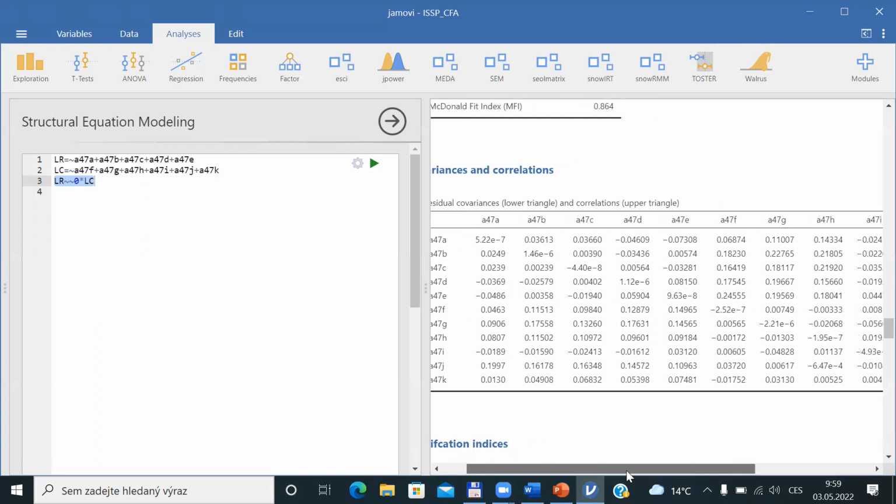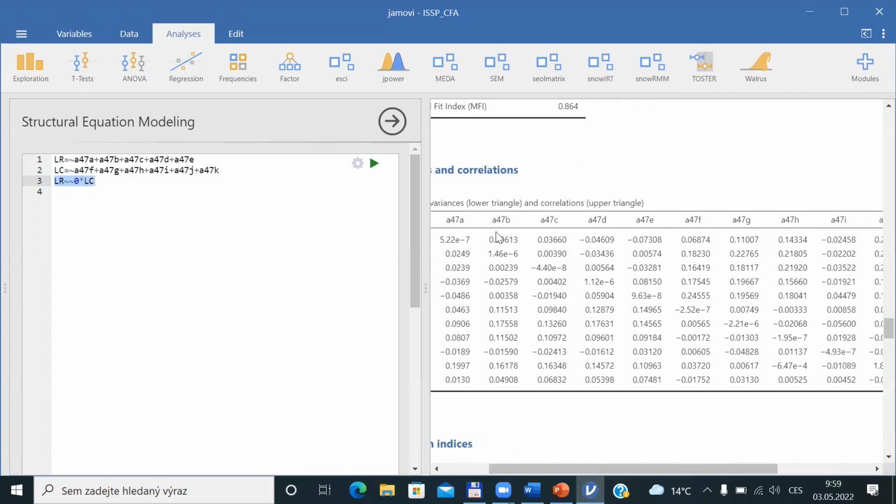And ideally, once again, these values should be as small as possible, ideally at least below 0.1. And you can see that some of these values are not so nice. For example, for A47F here and A47D, there is quite a big residual correlation. The same big values are here, etc., etc.